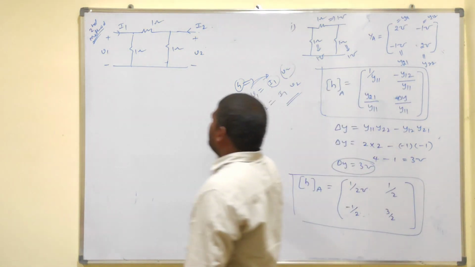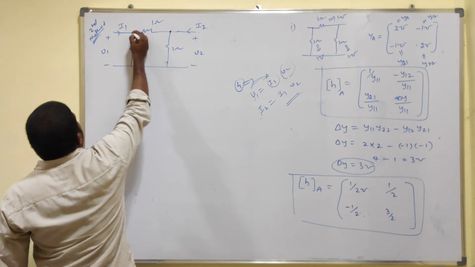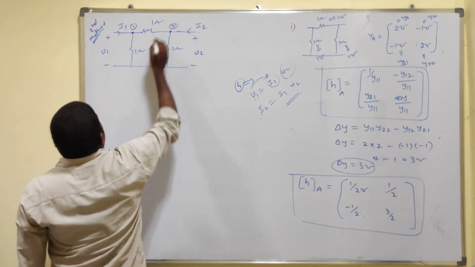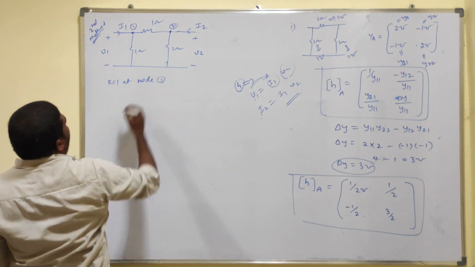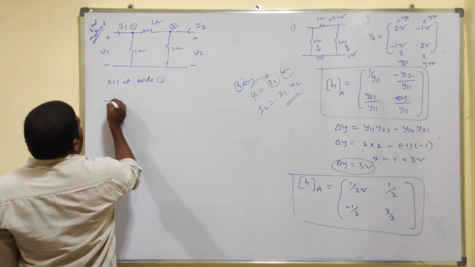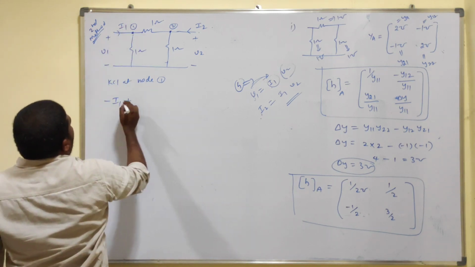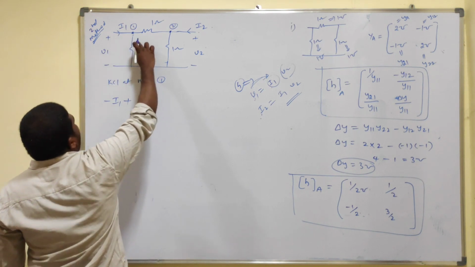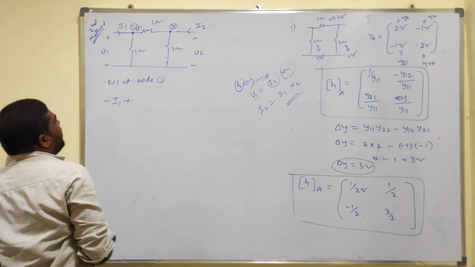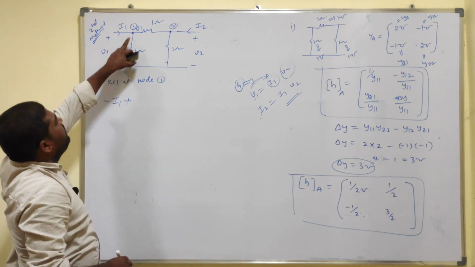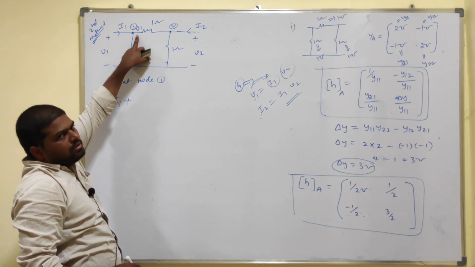Now you can observe, this is a node and this is also a node: node 1 and node 2. KCL at node 1: minus I1, since I1 is entering current at this node, plus the current through this 1 Ω resistor. Here we have the voltage V1. We don't have any elements between this node and this terminal, so the same voltage appears at this node also.